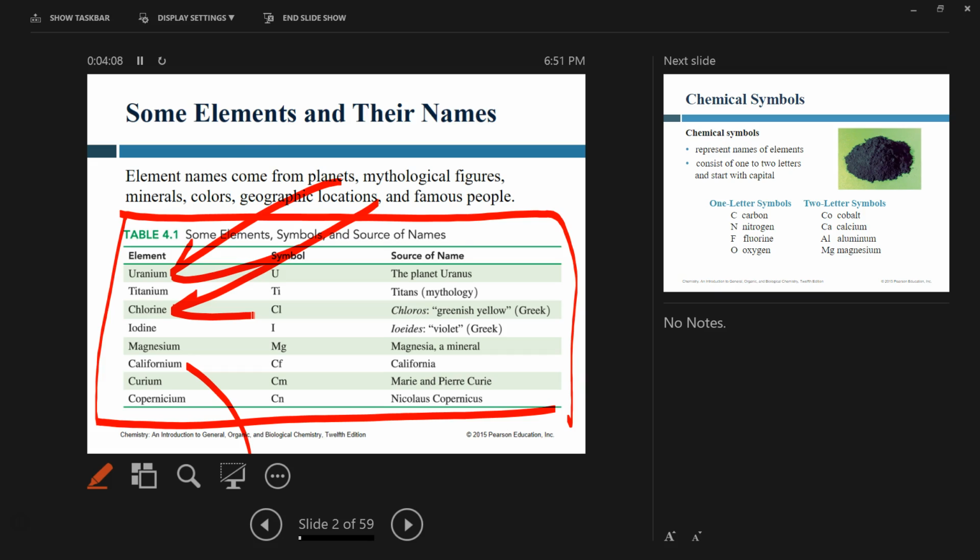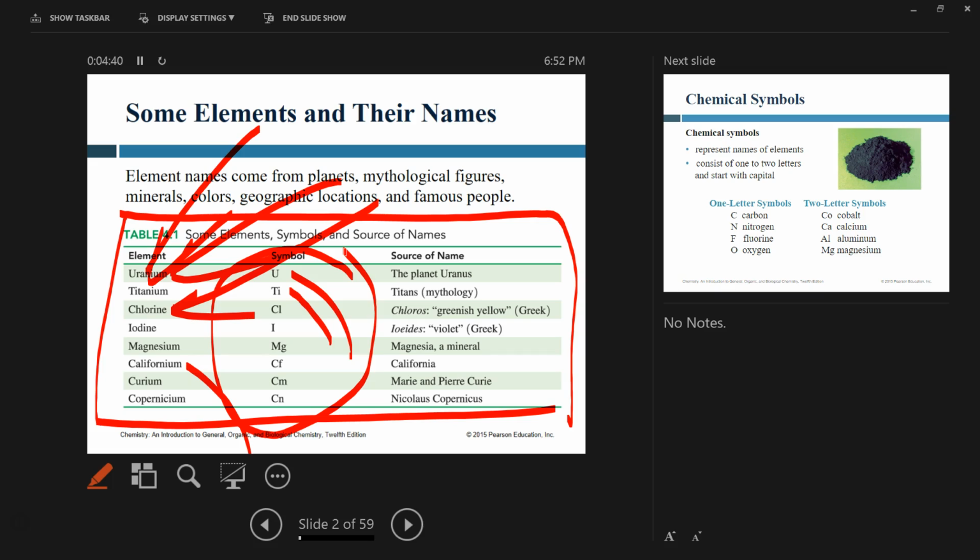So for instance, for uranium, it's U. Don't ask me why it's not UR. I have no idea. For titanium, it's Ti. For chlorine, it's Cl. For many of them, you will see that symbols actually reflect the name. Does that make sense? Like in the entire list here, there's at least some reason, okay?